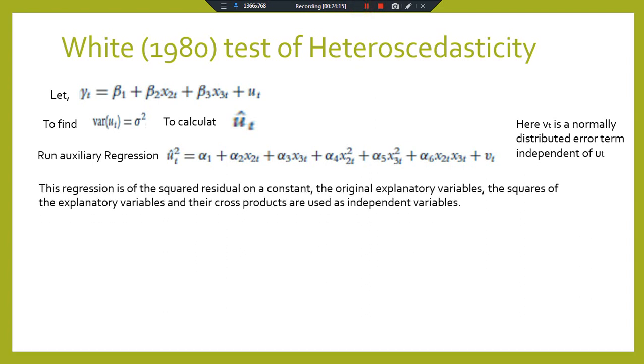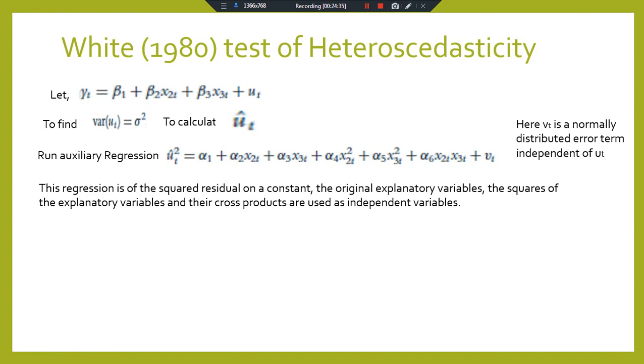Okay, the interpretation of this regression is that it is a regression of the squared residual on a constant, the original explanatory variables, the squares of the explanatory variables, and their cross product, which are used as independent variables here.